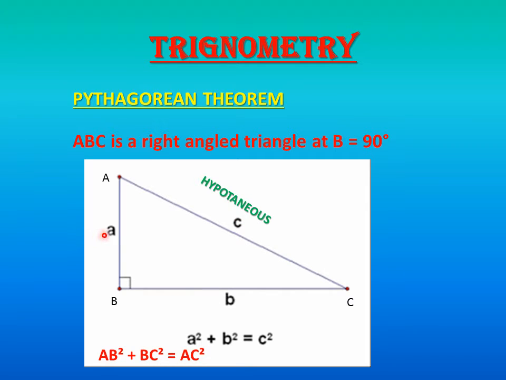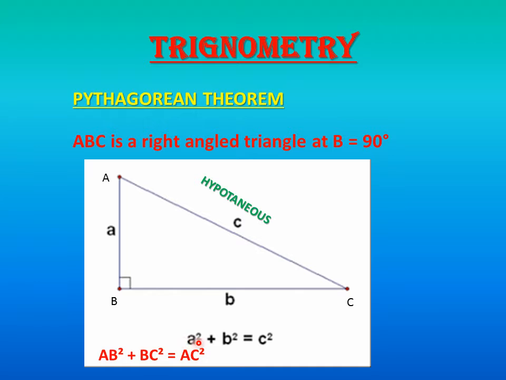From the Pythagoras theorem, the sum of the squares of the two sides of a right angle triangle is equal to the square of the hypotenuse. So we are not considering the hypotenuse; we consider the other two sides, on which the 90-degree angle is there.